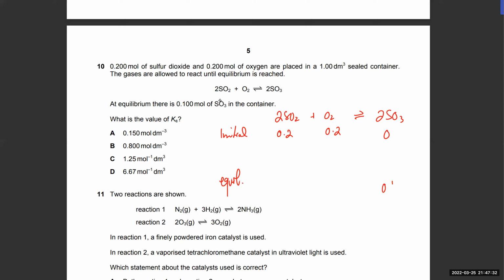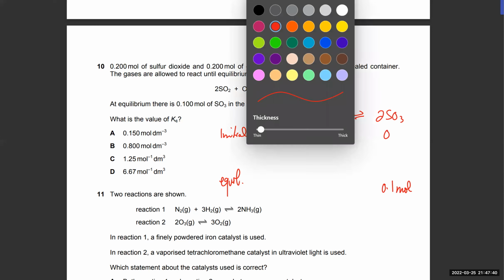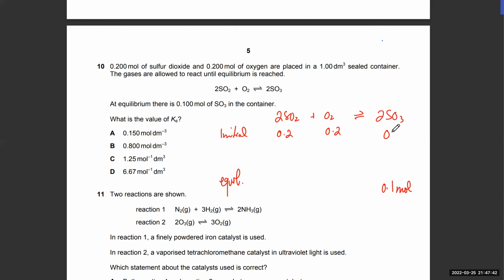So this is 0.1 moles. What does that mean? Okay, at the beginning you put these in, and now at equilibrium you have 0.1 moles. At the beginning you didn't have anything, now you have 0.1 moles. So that means 0.1 moles got produced. There must have been some forward reaction, and 0.1 moles got produced.